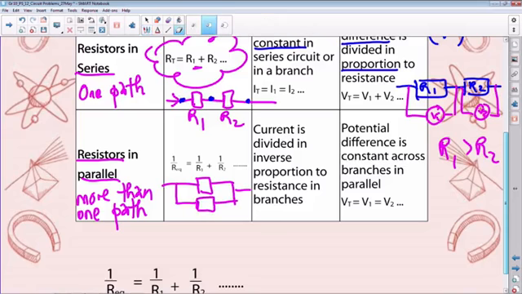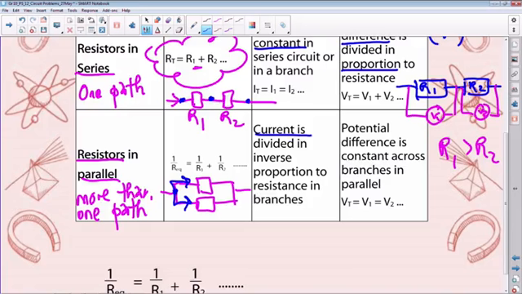In this case, the current is going to be divided. Some of the current goes in that direction, some goes in that direction. But what is very key about voltage in a parallel circuit is that it remains constant.